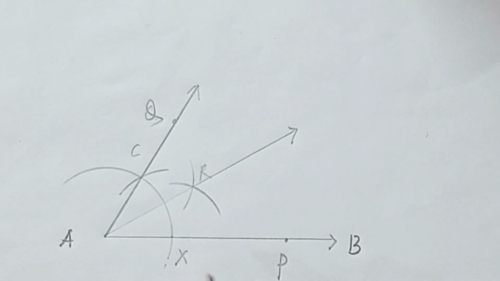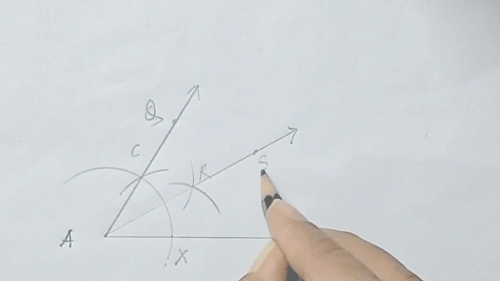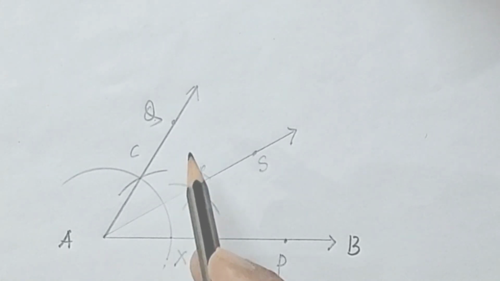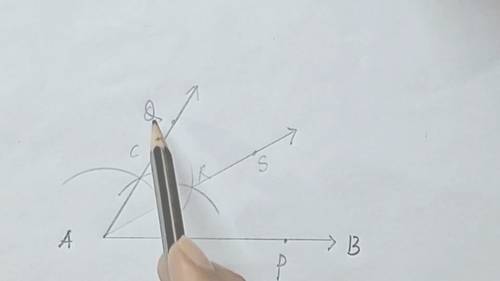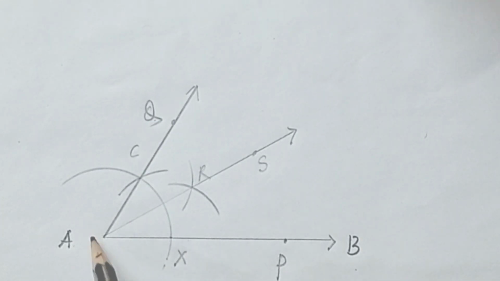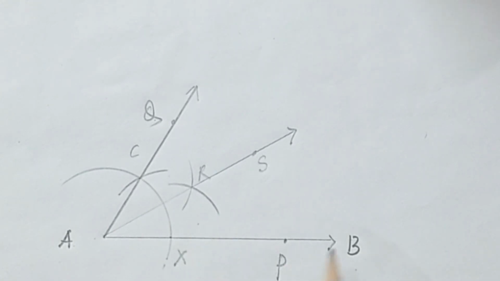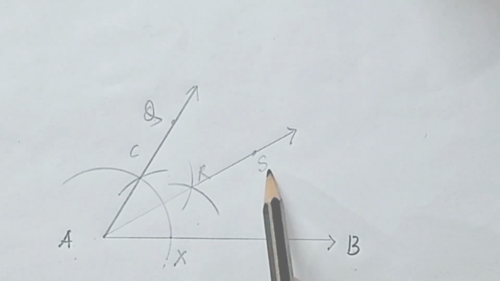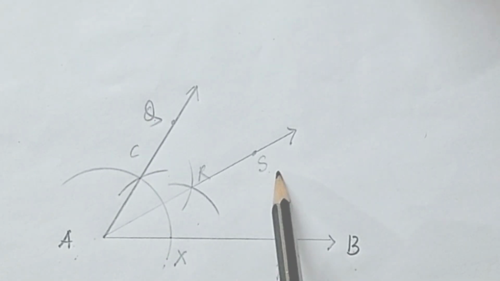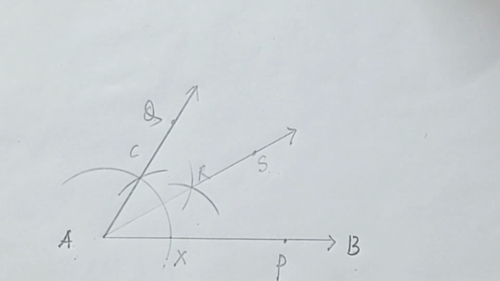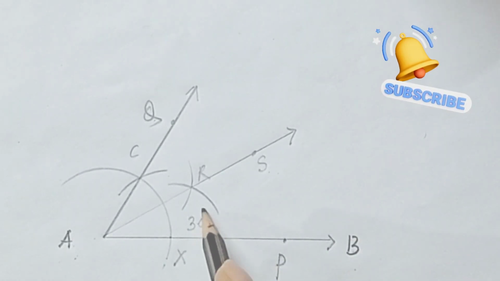Let another point be S. Therefore, we get an angle bisector of the angle QAP, that is AS, which bisects the given angle QAP, and we get the two parts, angle PAS and angle QAS, whose measurements are equal. Therefore, they are 30 degrees.